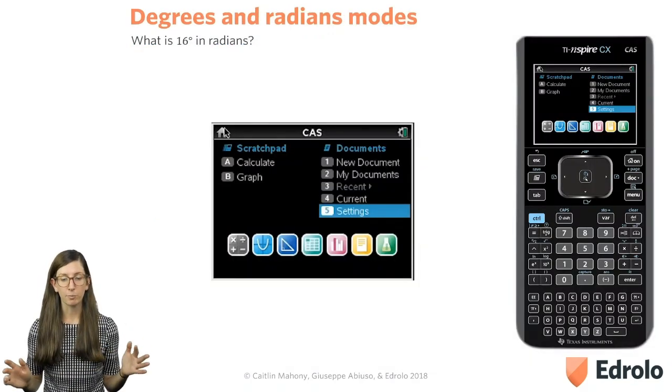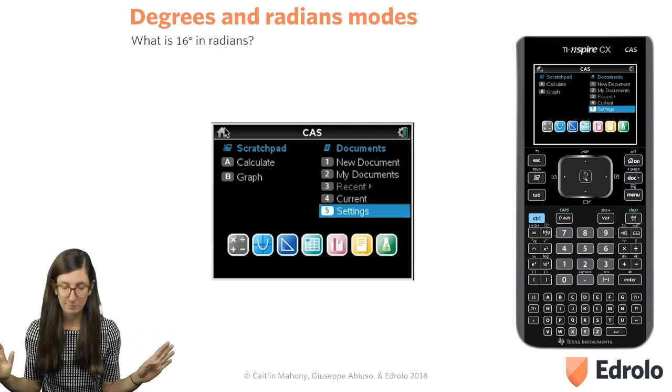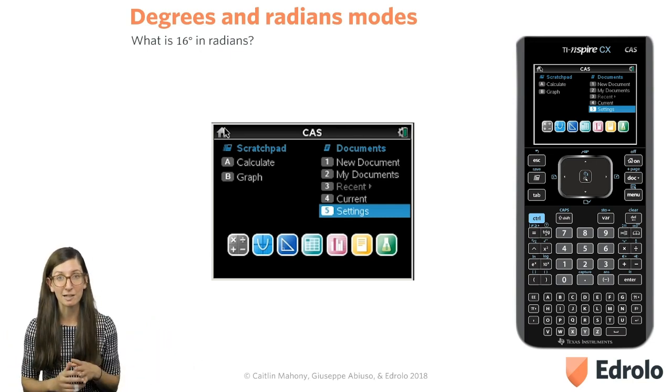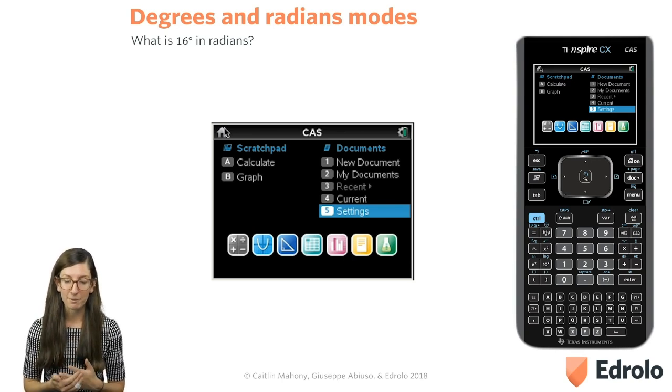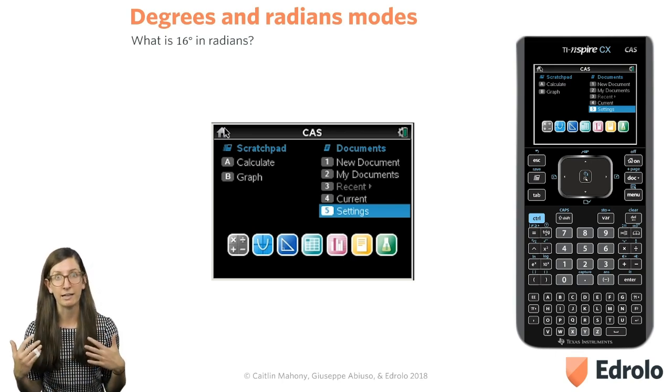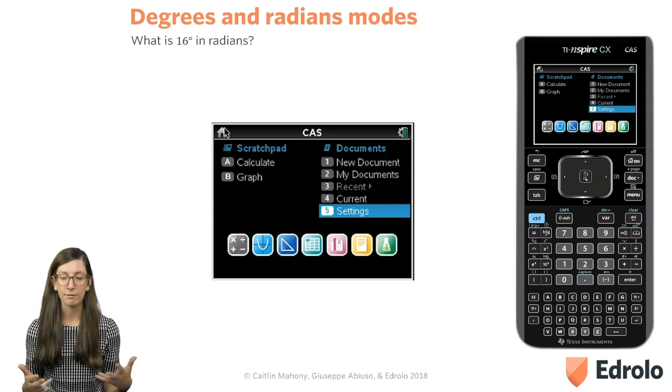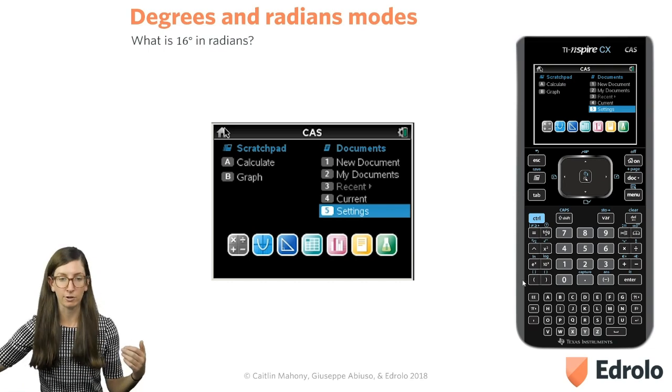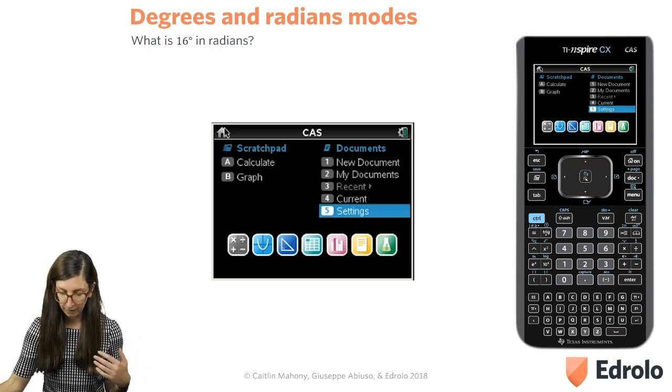So first up, one of the most important things is to have your calculator set up correctly. There's not too many ways this can go wrong, but the main thing is to make sure that your calculator is in radians mode. Everything in methods is always in radians. So let's have a look at how you do that.